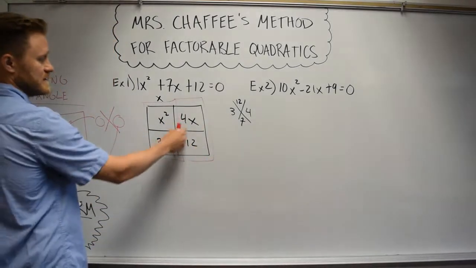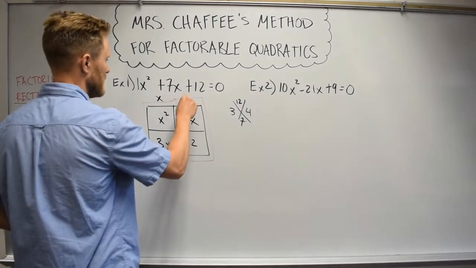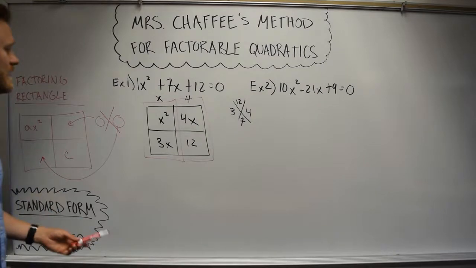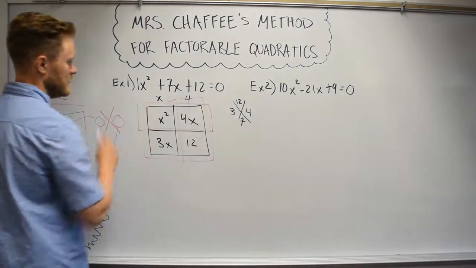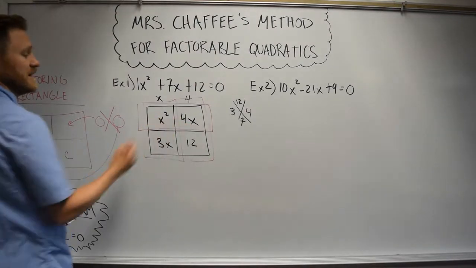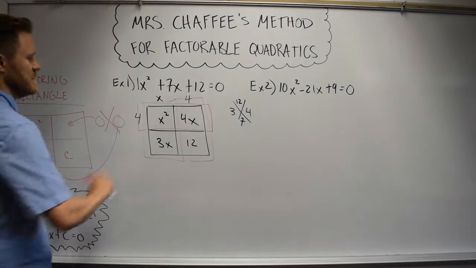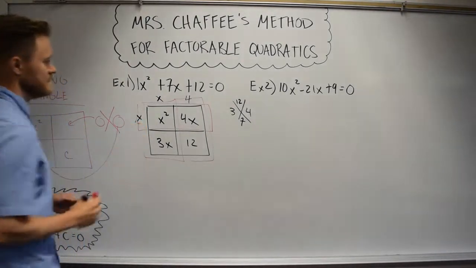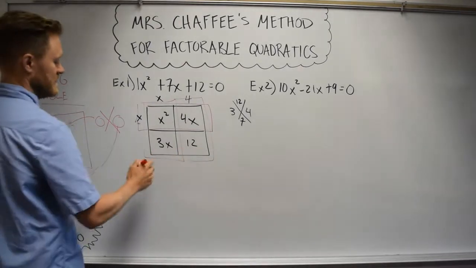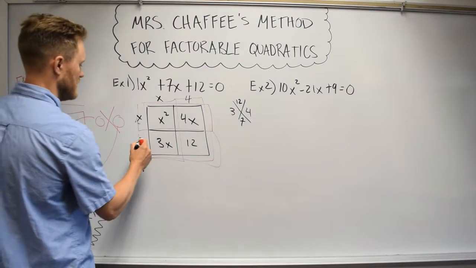So when I look at this column, 4x and 12, the GCF is going to be 4. Now I'm going to go down the rows. So I'm going to look at this row. So the GCF for x squared and 4x is, sorry, not 4. It's x. And then when I look at the GCF for this row, 3x and 12, I get 3.